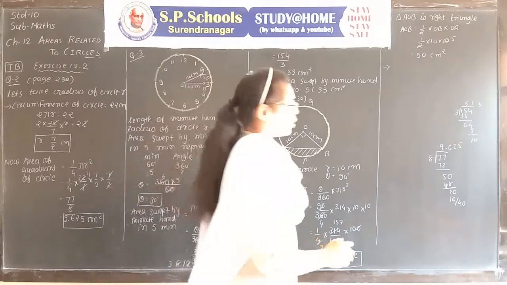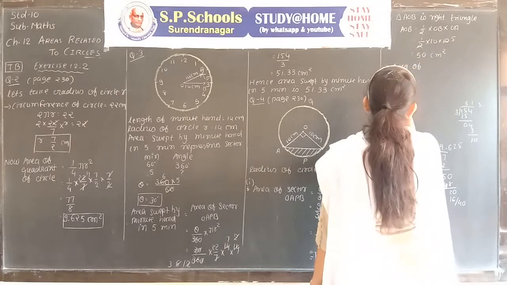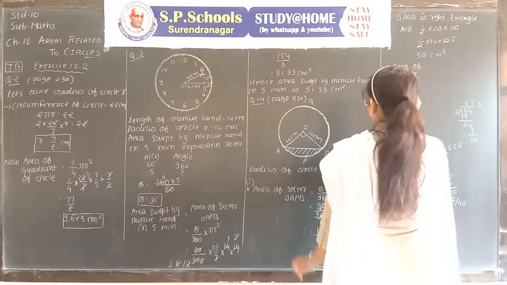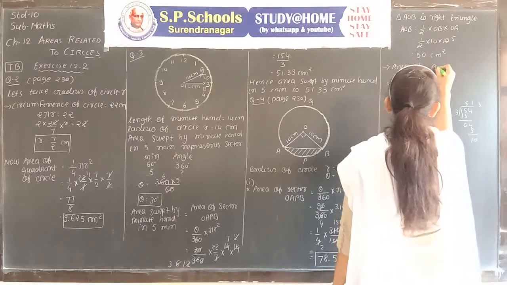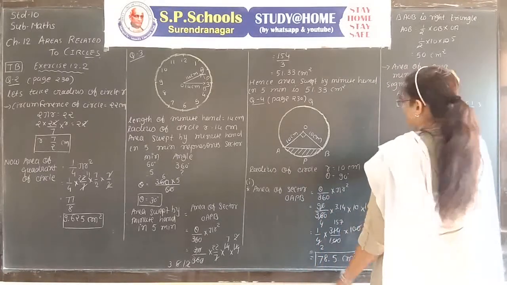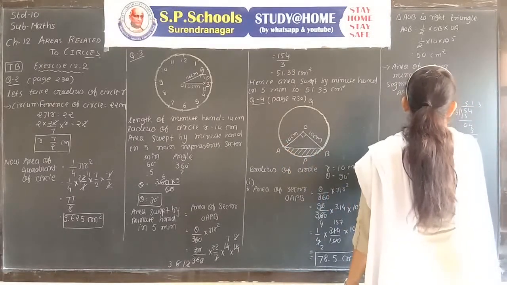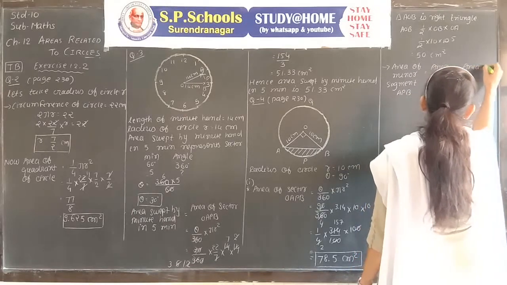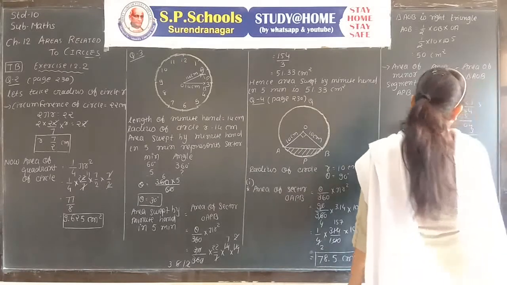The area of the minor segment. Area of minor segment APB is equal to area of sector OAPB minus area of triangle AOB.